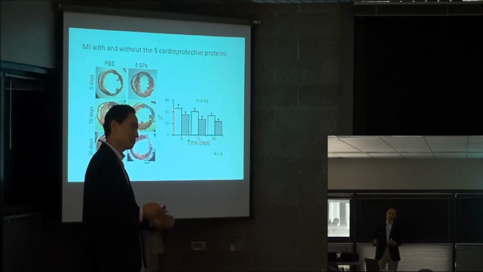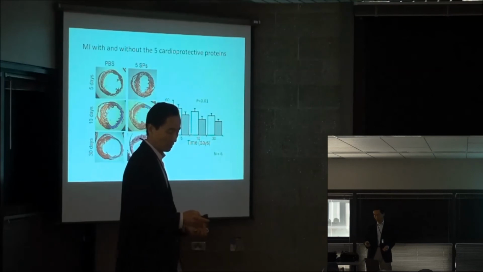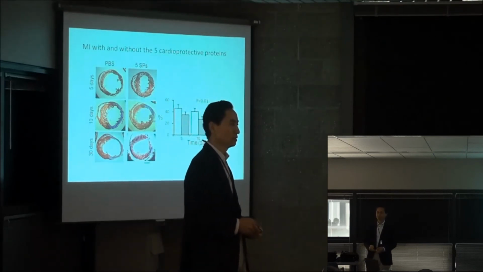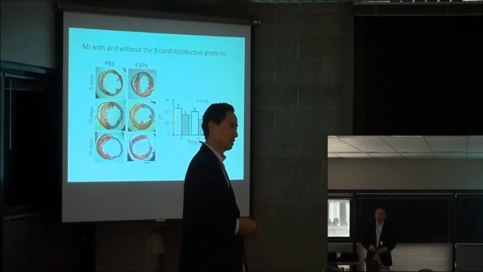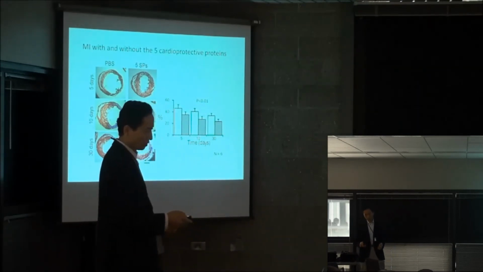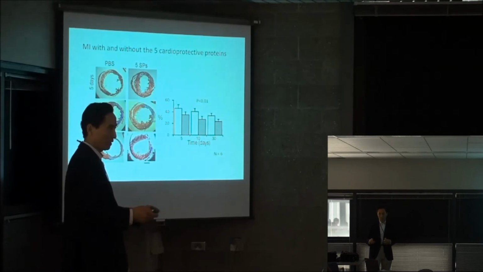You see there is a huge difference. That simply means that TFF3 protects the left ventricle from rupture. Right now we are trying to understand the mechanism behind that. It could be something inside the cell, or something in the extracellular matrix. So TFF3 will promote the mechanical strength of the broken heart.